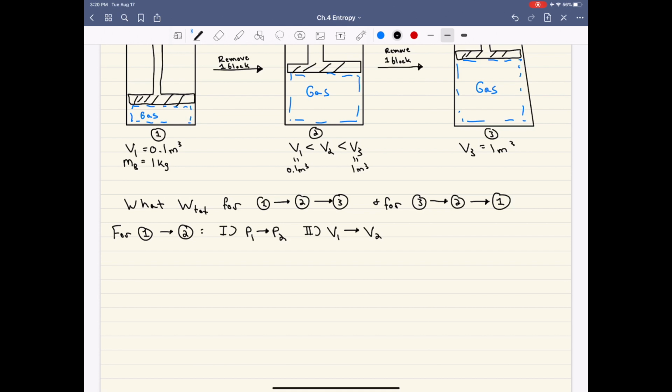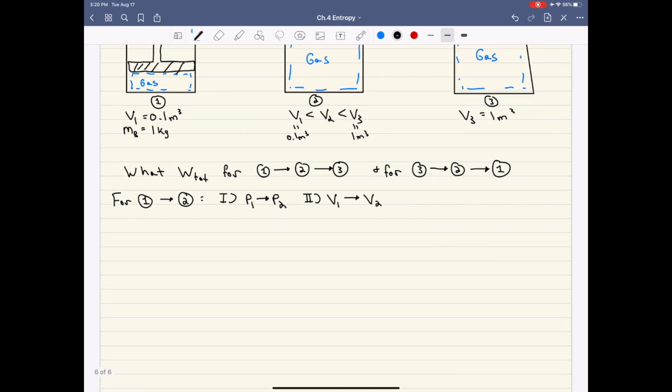Alright? By performing a similar analysis, we could estimate that the initial pressure for the system in state 1 is just equal to this. This is AP.